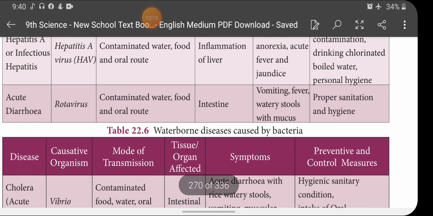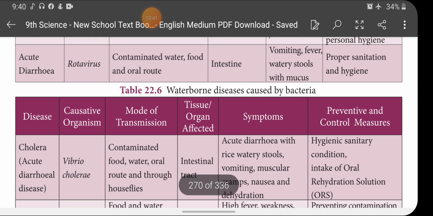Acute diarrhea is caused by rotavirus, and it is spread by contaminated water, food and the oral route, and the organ infected is the intestine. Then symptoms are vomiting, fever, watery stools with mucus. Proper sanitation and hygiene are the preventive measures for this disease.